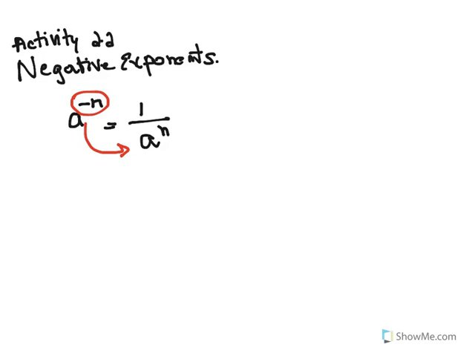Very important, okay? If a factor contains a negative exponent in the numerator, you have to move that factor to the denominator and make the exponent positive. Two steps: move it, and change the sign. Correct?